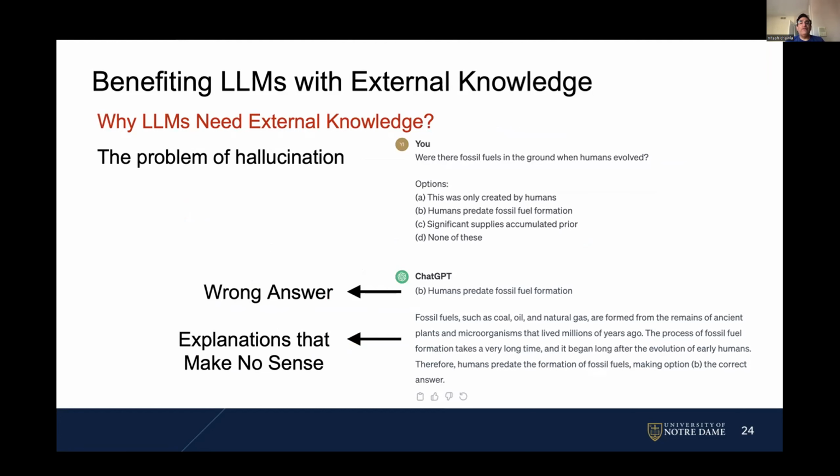And it gives an explanation that does not make any sense. But given the confidence it has in its explanation, one may think maybe this is a correct answer. So this is a problem of hallucination where it is giving an answer and providing an explanation, and both are not correct.